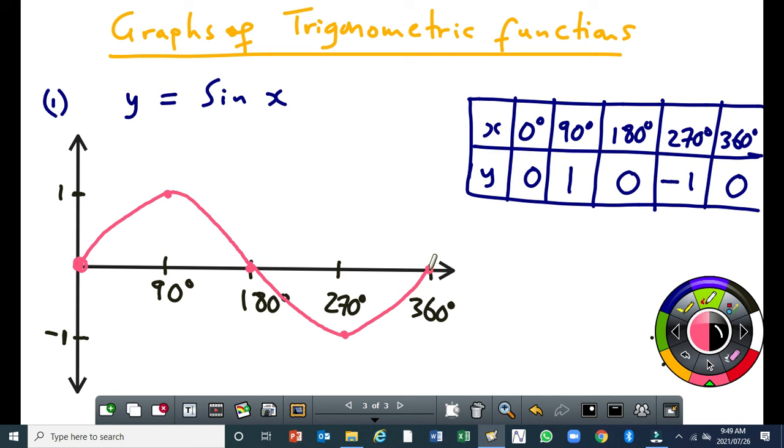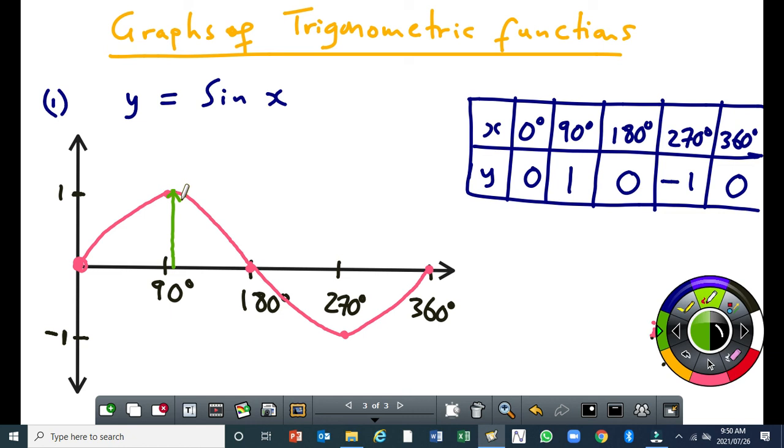Now, from here, I'm going to define some very important terms. This distance here from the x-axis to the maximum turning point is called the amplitude. The x-axis is also called the equilibrium position.